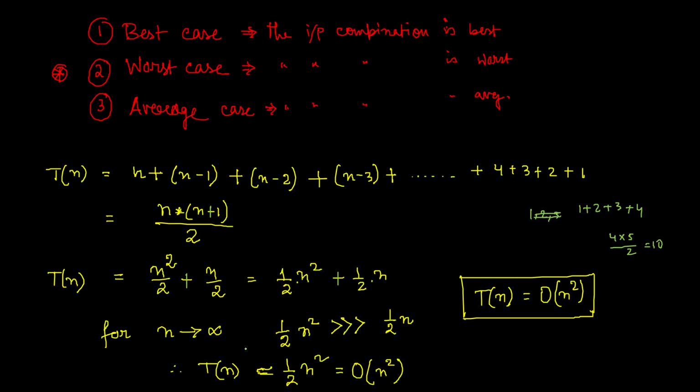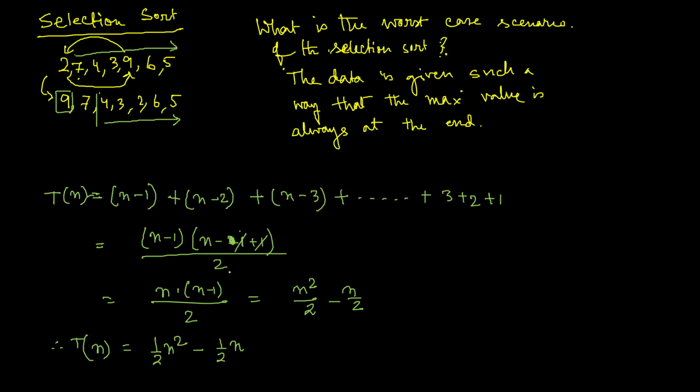With respect to the calculation presented for bubble sort, we have a different one. It is half n square plus half n. Here it is half n square minus half n. Obviously they are different.